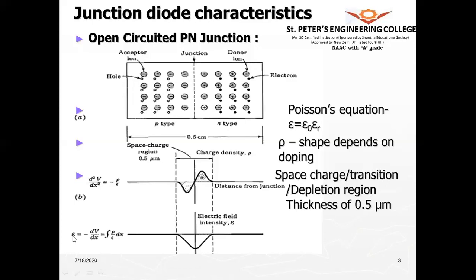So E is the electric field intensity. We see that the electric field intensity is 0 at x equals x naught. At 0, the field is maximum.